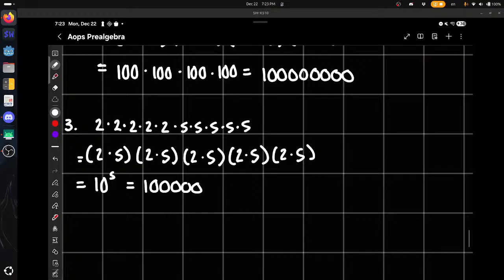Okay, I think that's right. And then 4, that's an easy problem. They're just trying to hone in that anything multiplied by 1 will give you back itself. So it's 1,995.